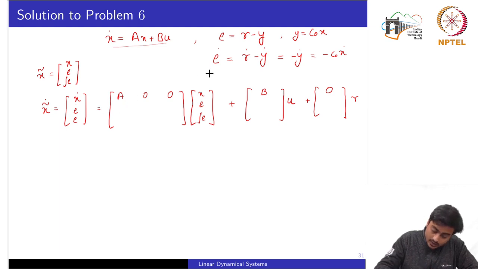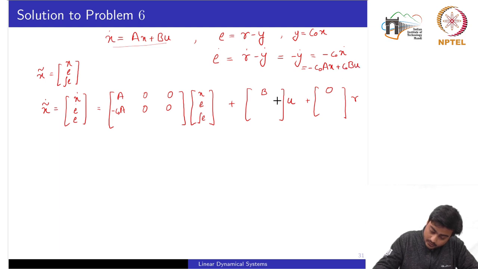The second equation, e dot, I can express as the derivative of x dot, which I can write as minus C naught Ax plus C naught Bu, by putting x dot from here to here. So if I write the equation of e dot, we would get minus C naught A, and we don't have any relationship with e and the integral of e.